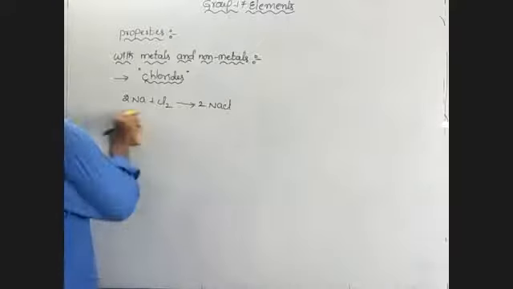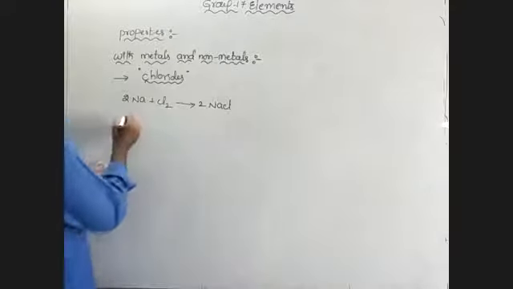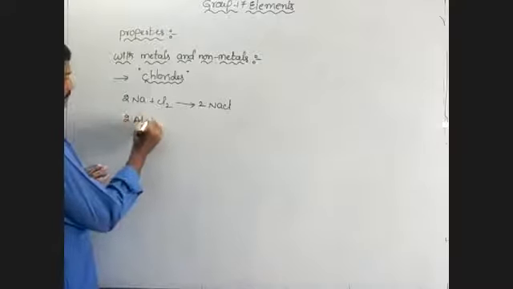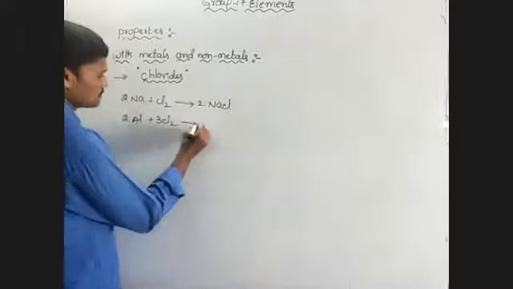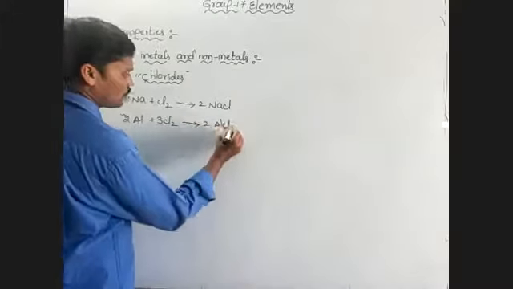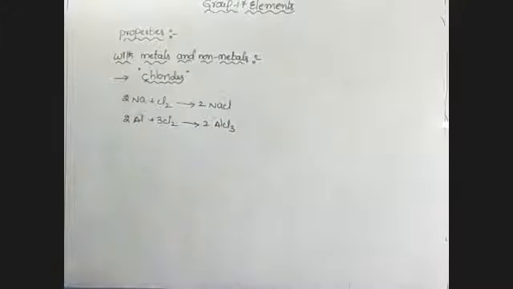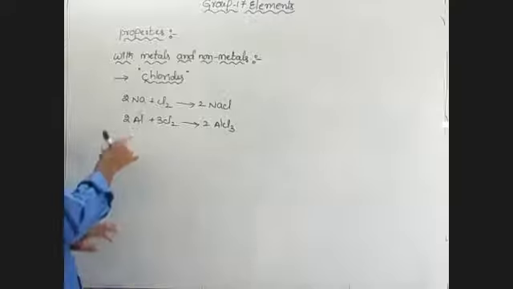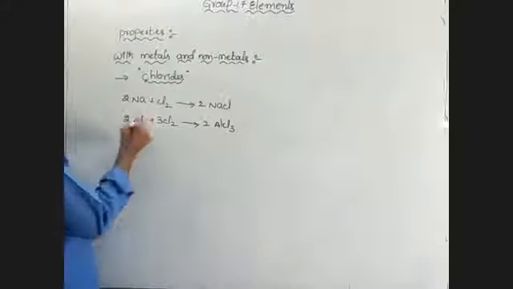And this chlorine reacts with aluminum, it forms aluminum chloride. This is also a metal.